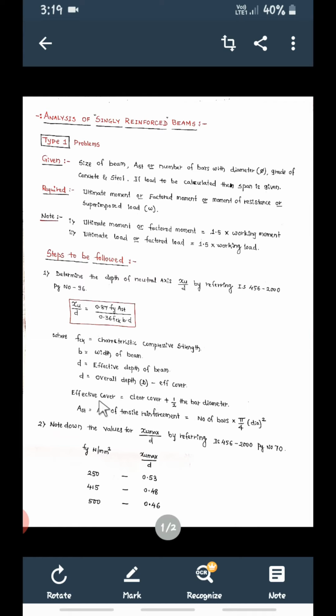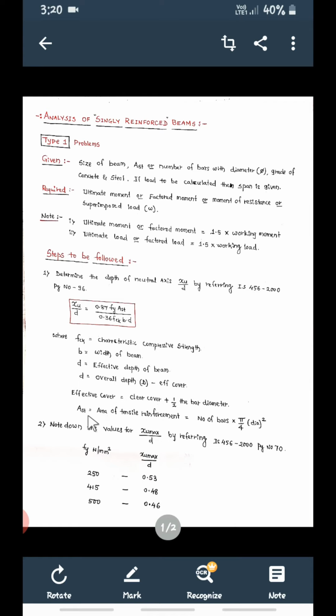This effective cover is deducted from the capital D, then we get the effective depth, that is small d. Small d is the effective depth, capital D is the overall depth. So overall depth minus effective cover will be the effective depth of the beam.